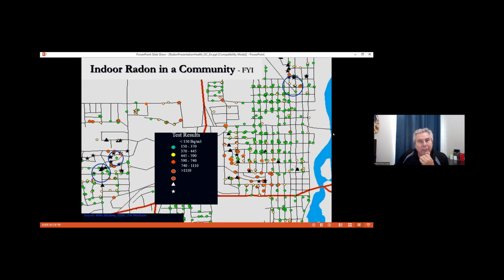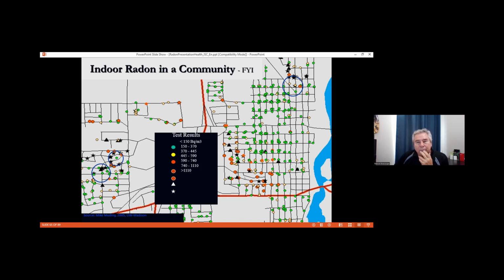When you're measuring, especially in a municipality or a city or something like that, you'll notice that from one house to the next, sometimes you get some pretty wide distributions. So here, anytime there's a star, it actually means that it's above 1,000. And sometimes the house right next door has levels less than 150.